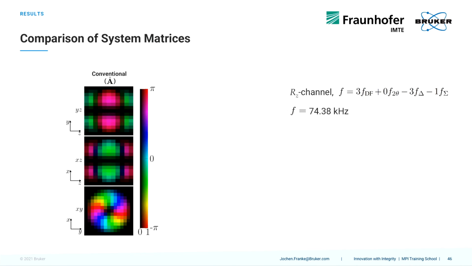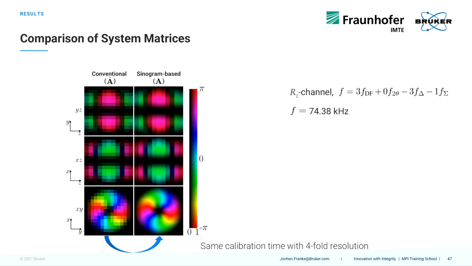So we have performed a lot of experiments. So these are non-simulations, it's really measurements. So we have acquired tediously for each point in space the response of the particles, so the conventional system matrix in 3D. And then we have used our new approach, the sinogram-based acquisition of the particle response, and have reconstructed the data.